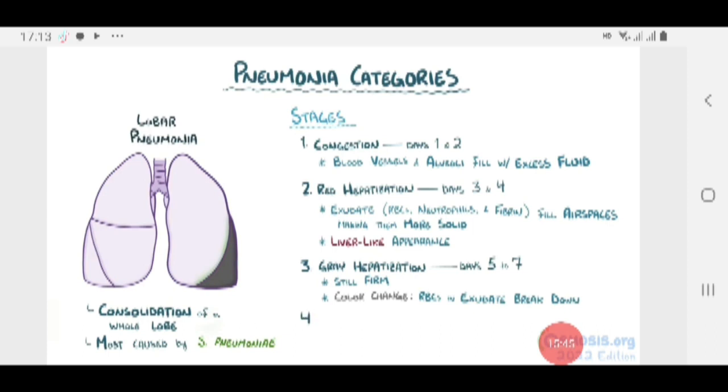The last stage is called resolution, and this happens around day 8 and can continue for 3 weeks. In this stage, the exudate gets digested by enzymes, ingested by macrophages, or coughed up.